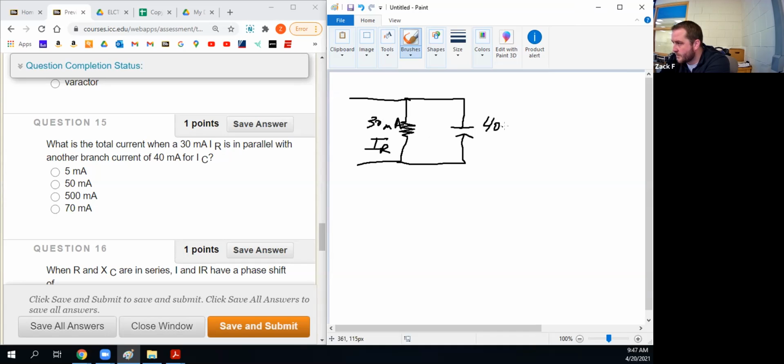And we have 40 milliamps of capacitive current. Product over sum method, so it's asking for total current. The product over sum formula is 30 times 40 divided by 30 plus 40, equals 50 milliamps.